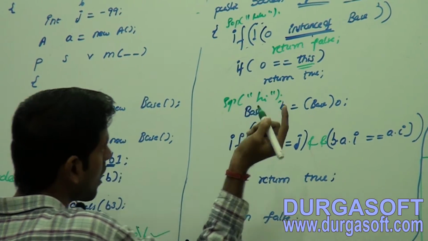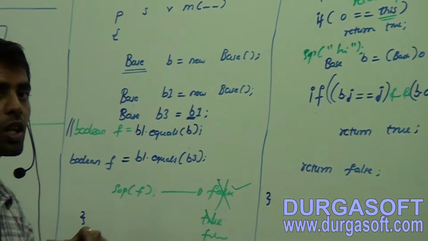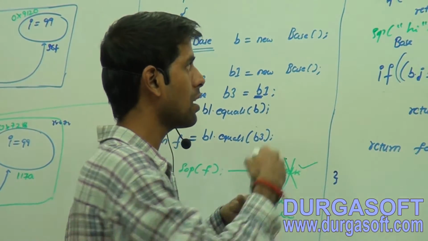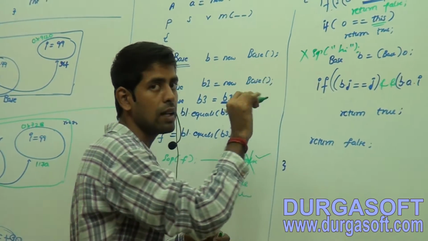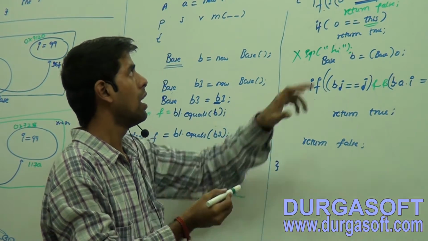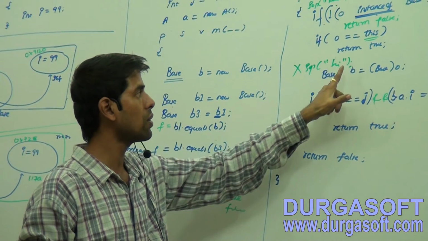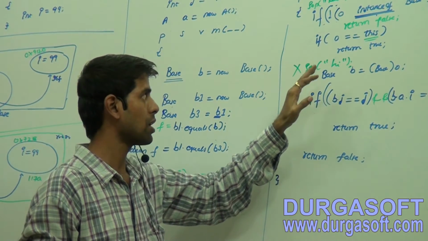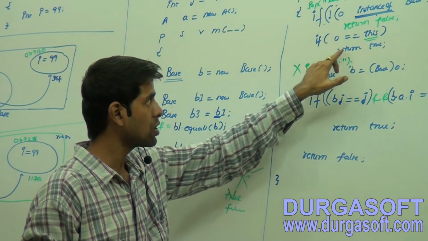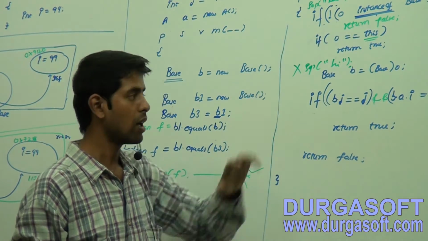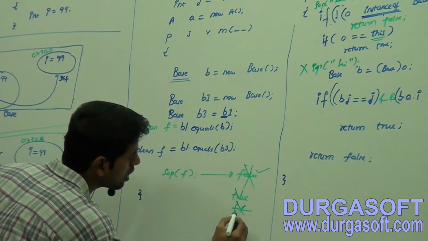As an output, how many statements are you going to see? If control is not reaching here, you will get hello and just true. If control is reaching this body, you will get hi also. Now what output should you get?